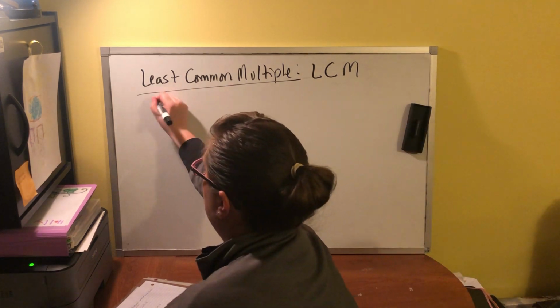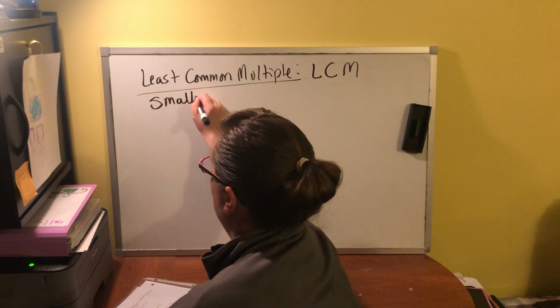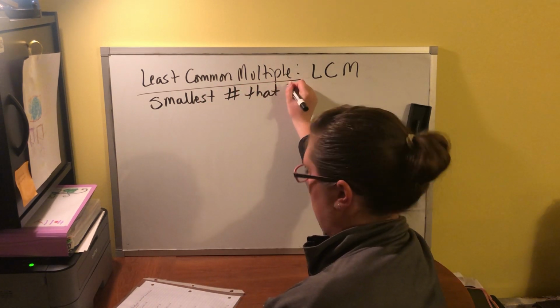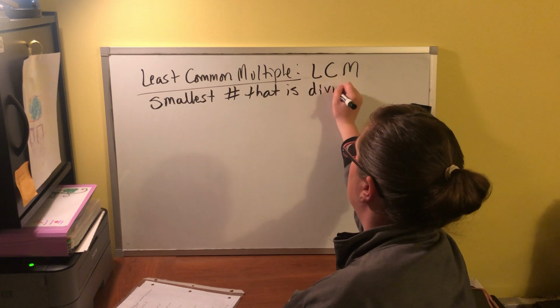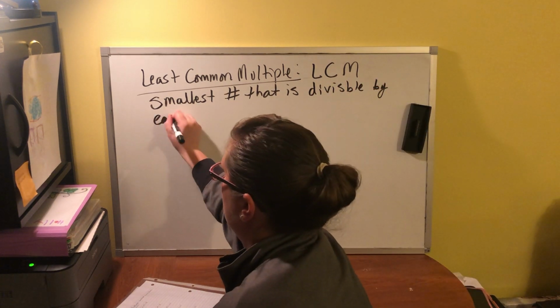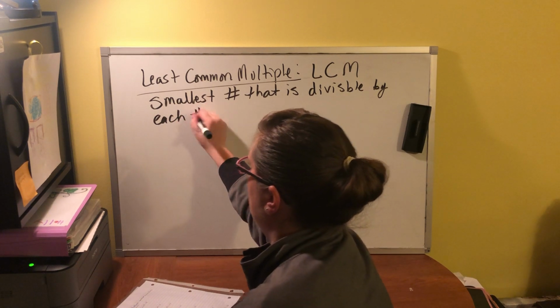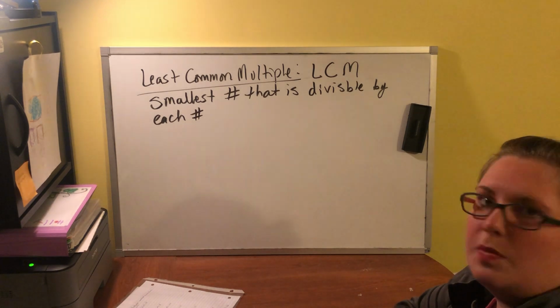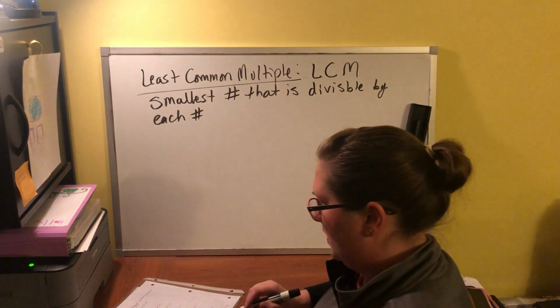So this is the smallest number that is divisible by each number, okay? So this is the smallest number that is divisible by each number. So we'll do some examples so this makes sense.